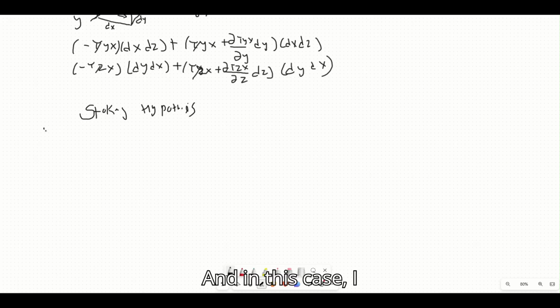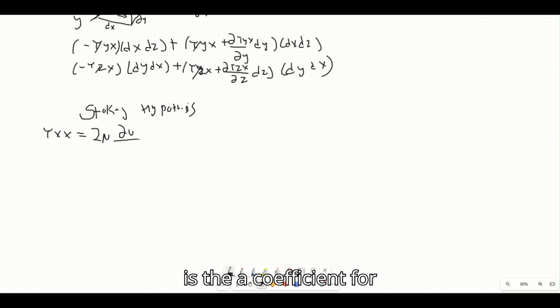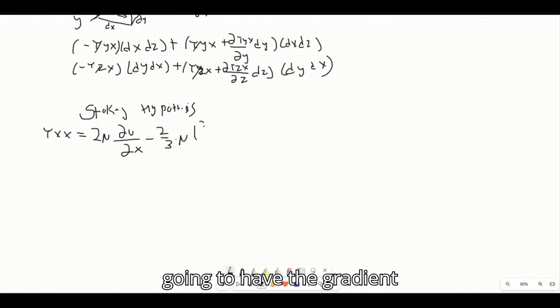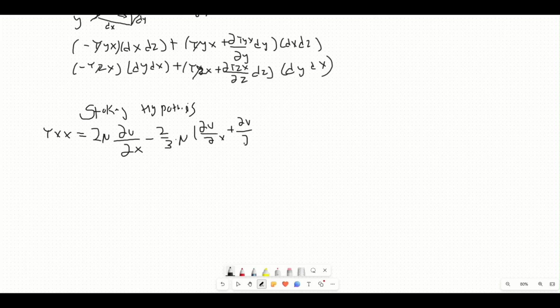In this case, our viscous stress is equal to 2 times mu, the coefficient for viscosity, du over dx, minus 2 over 3 multiplied by mu, and we're going to have the gradient of velocity, or actually the divergence of velocity, sorry.